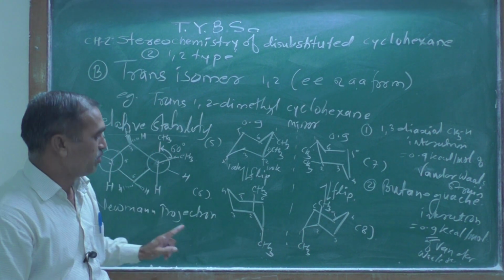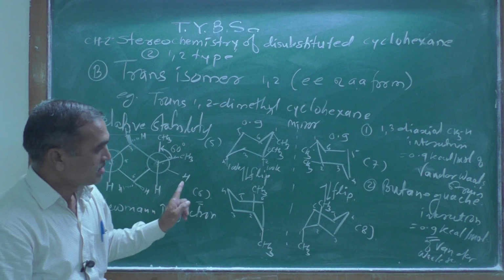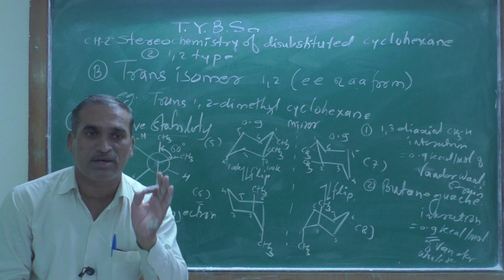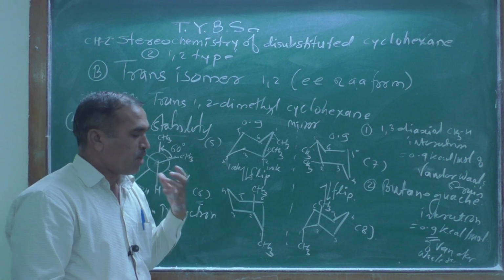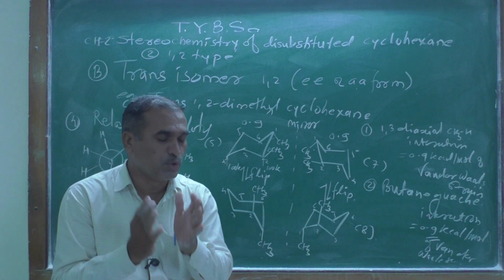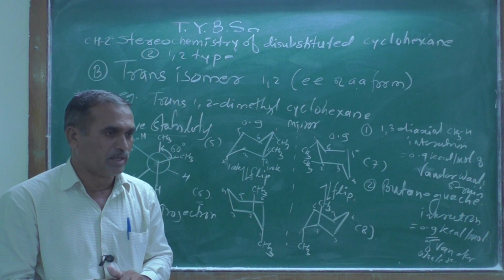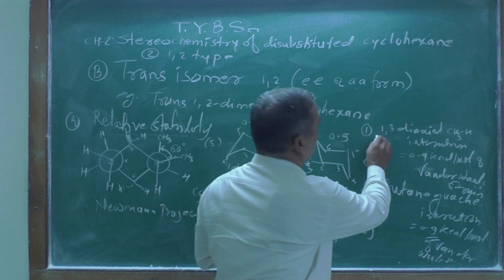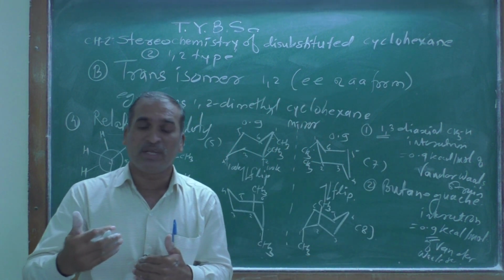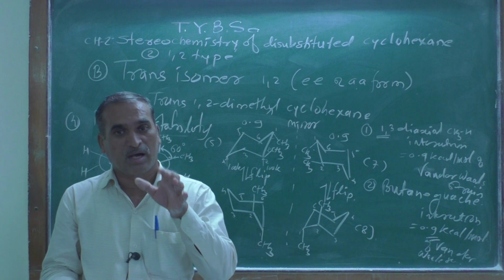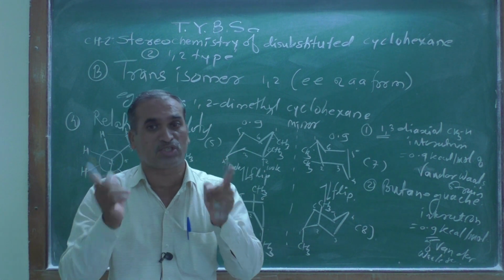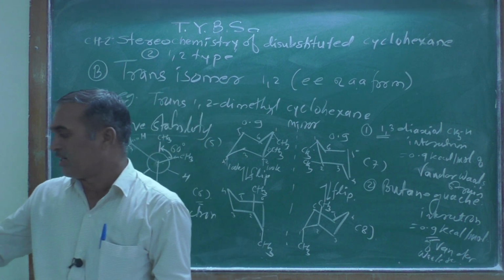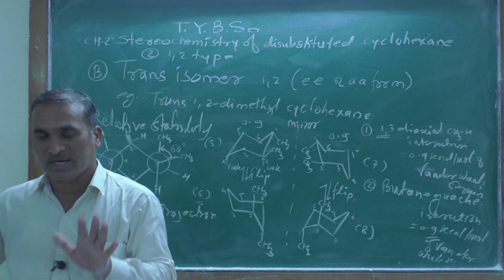Got it? Now look at structures number 6 and 8. They are similar structures, they are identical structures. Now do you remember, if an axial position is there, then you have to find out how many 1,3 diaxial interactions are present, multiply by 0.9, and you will get the total energy of that, right?